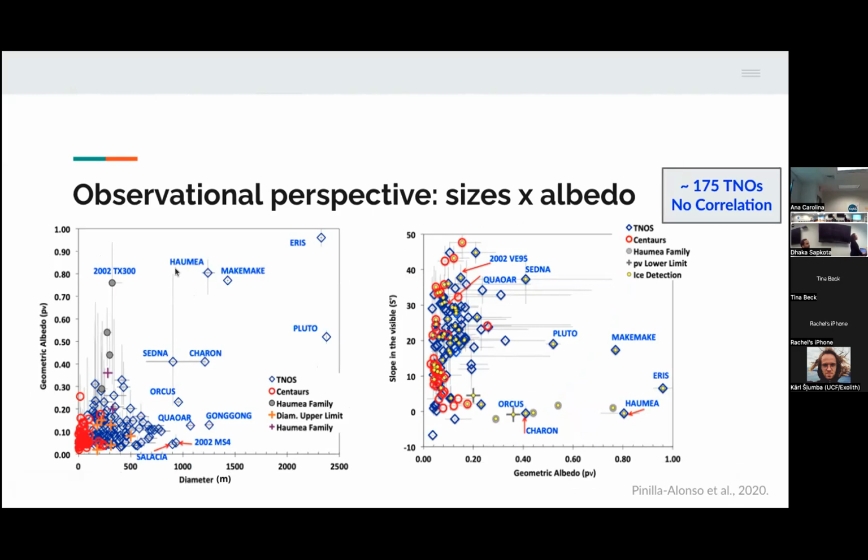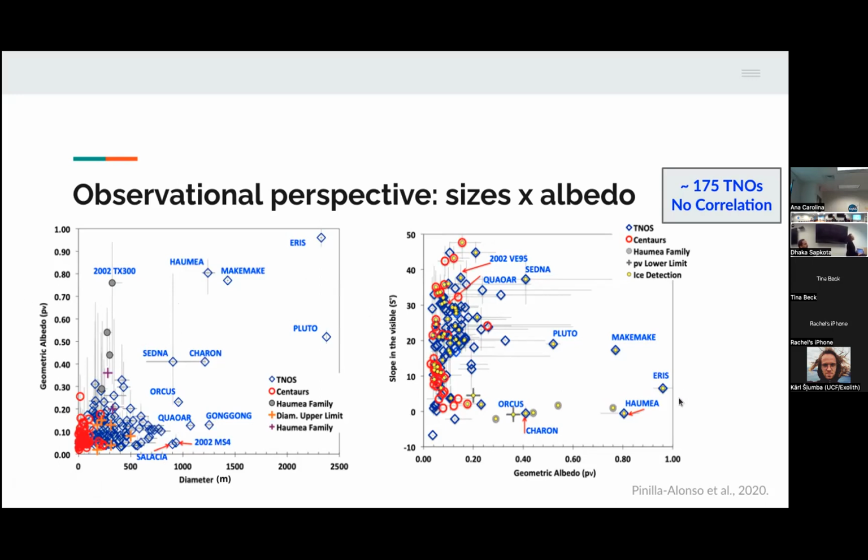And we can see no correlation because we have larger objects with high albedo, but we also have larger objects with low albedo. We have small objects with high albedo and with low albedo too, so no correlation between the albedo and the size of the bodies.